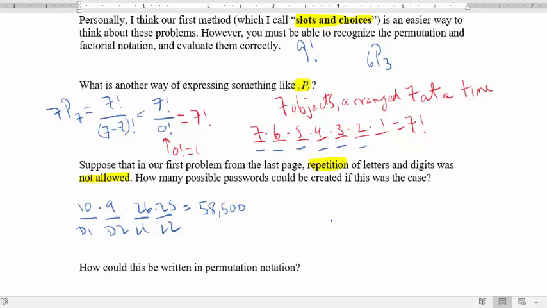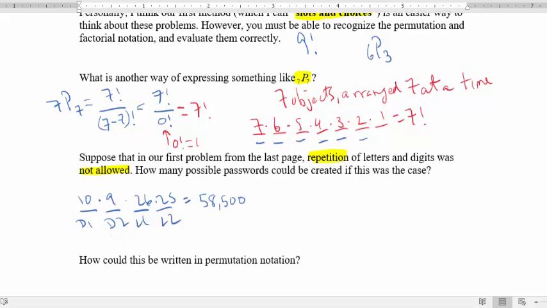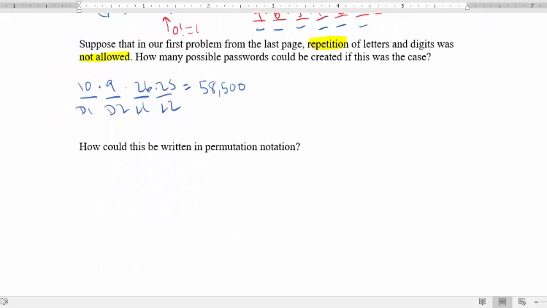But you could have also written that in our permutation notation, right? Because if you think about it, what is 10 times 9 in permutation notation? What is 26 times 25 in permutation notation? So 10 times 9 in permutation notation, this was the first two factors of 10 factorial.